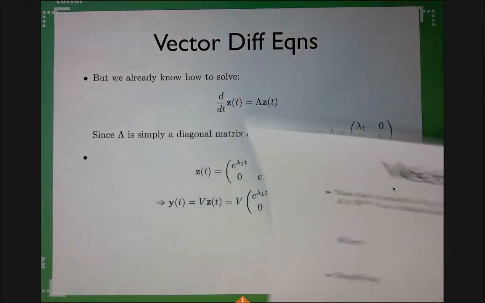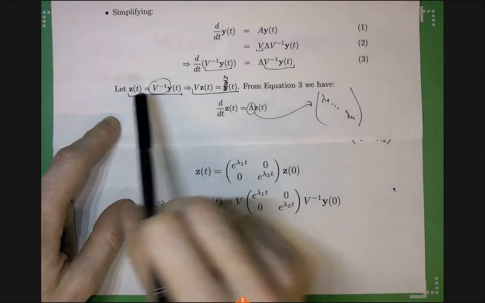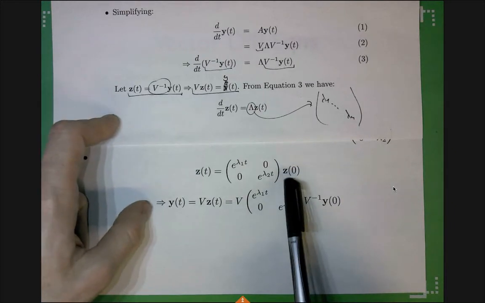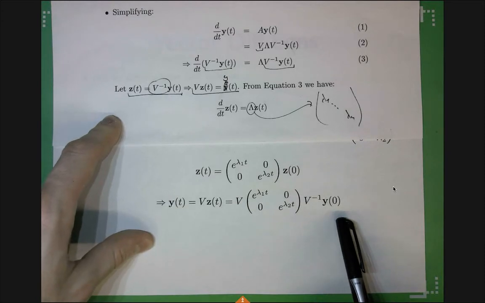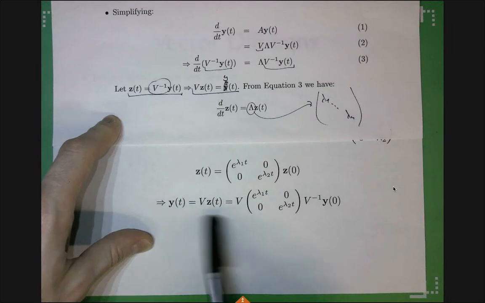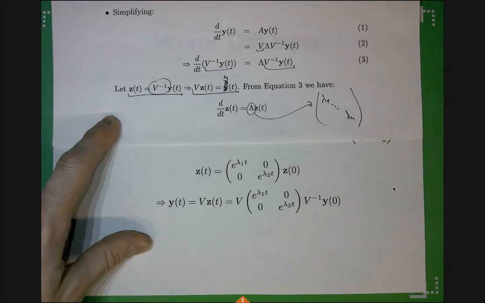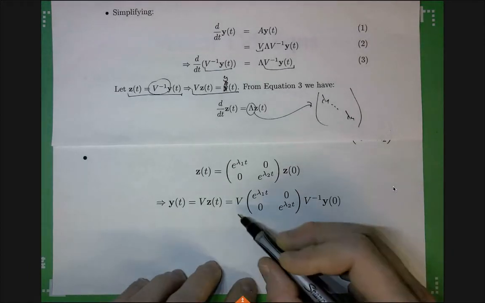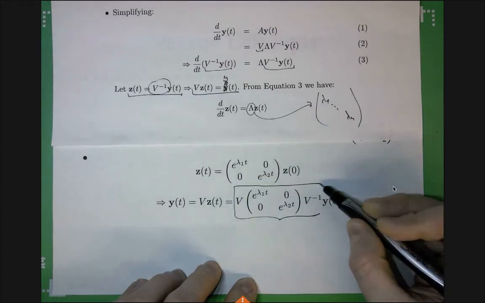But that's easy, because z is just V inverse y. So that's what I plug in here. Instead of z0, I can write V inverse y0, and instead of Vz, I can just put y, because Vz is just y. So the final solution is exactly this.